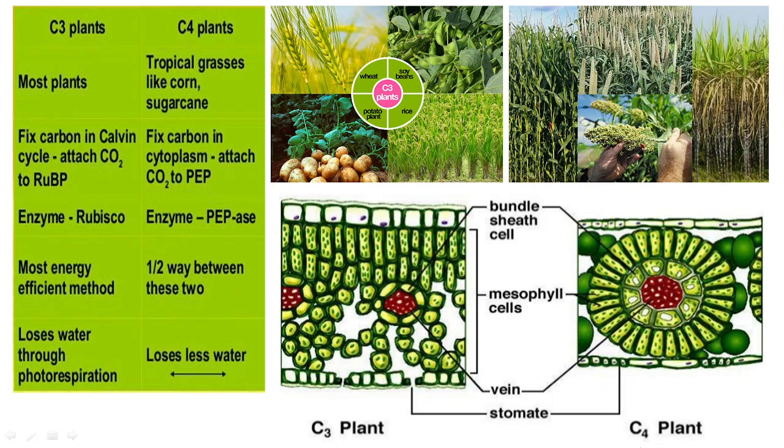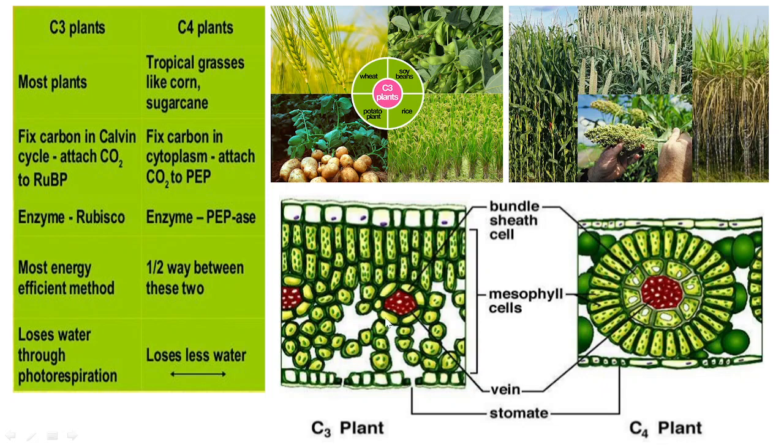Due to the internal structure differences, the process also differs. Internally, the arrangement of the mesophyll cells is different in C3 and C4 plants, and as such the process of photosynthesis also differs.